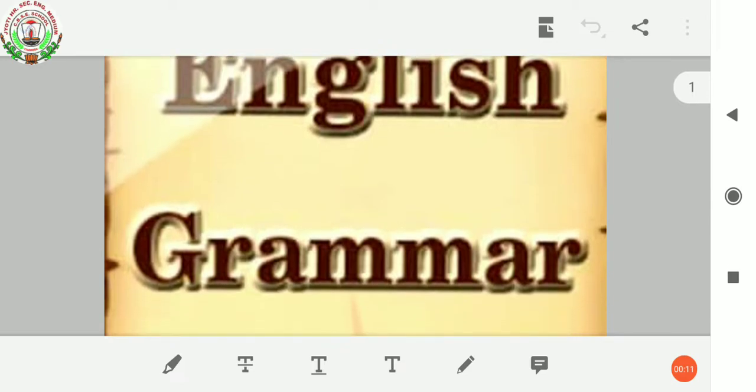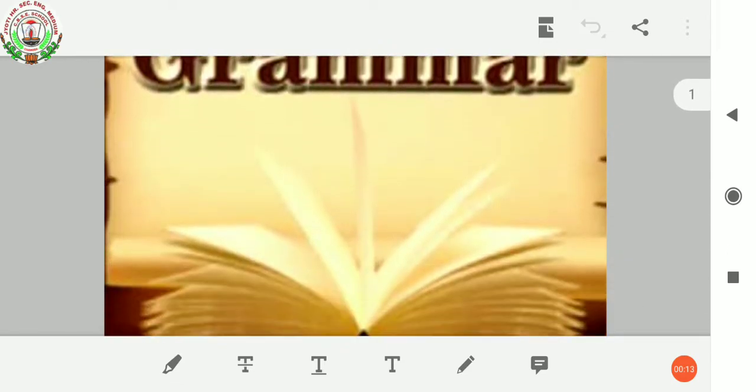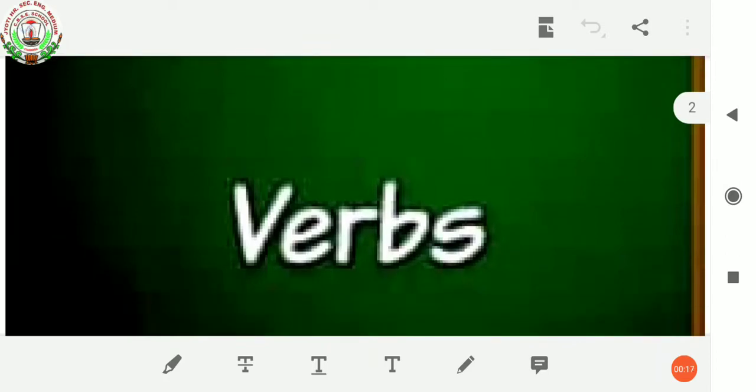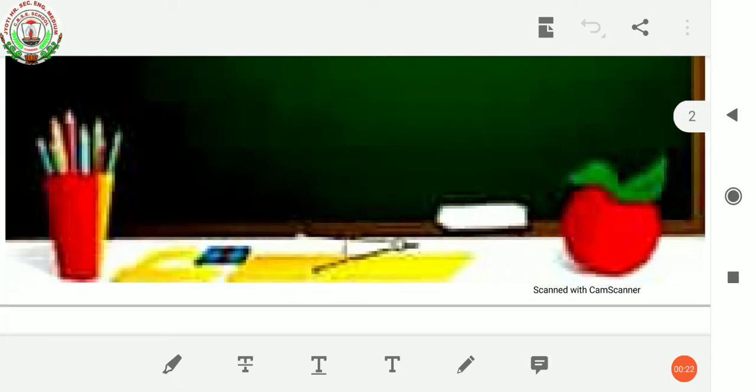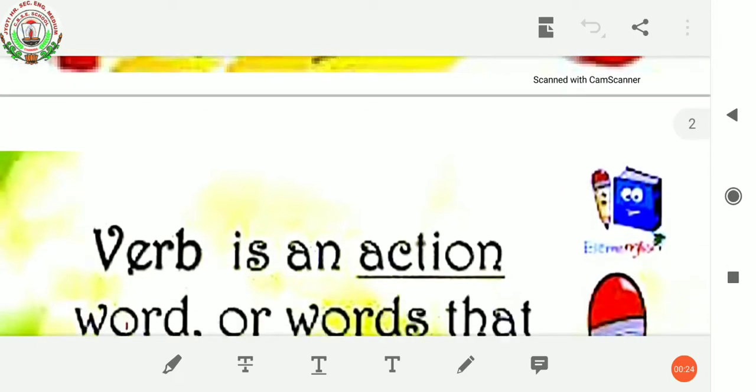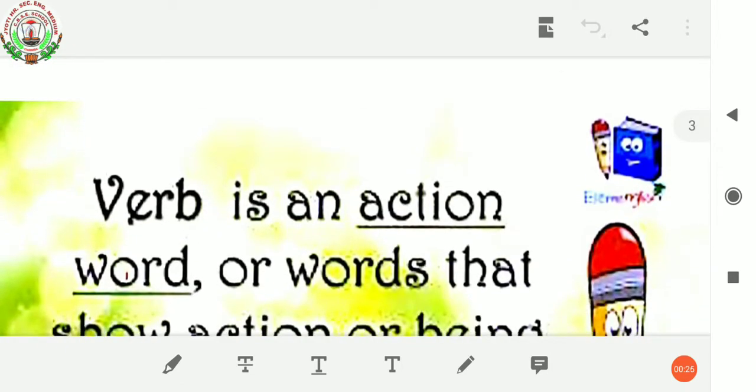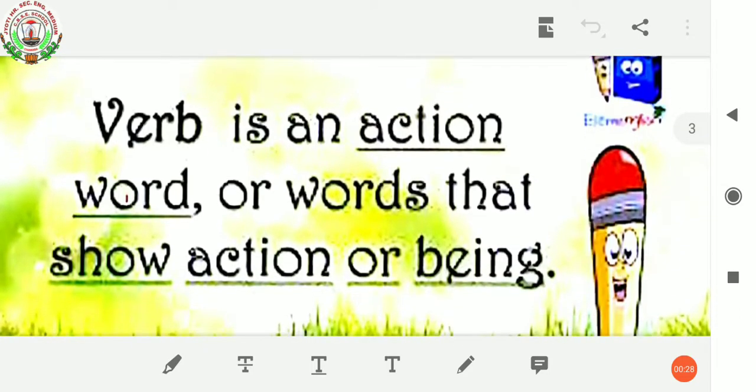My dear children, today we will continue the chapter Verbs. In our last class, we learned what a verb is. Here it is written, a verb is an action word or words that show action or being.